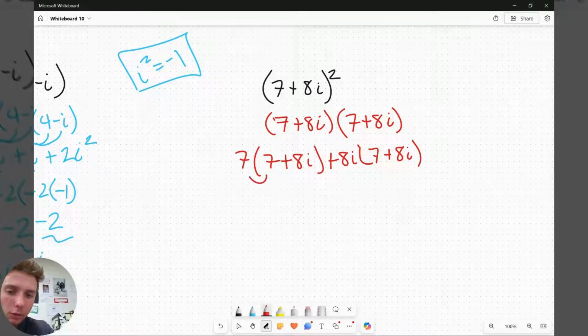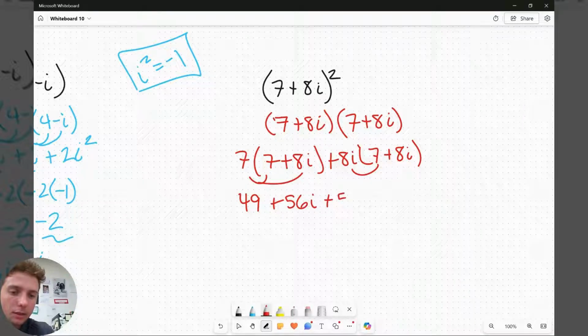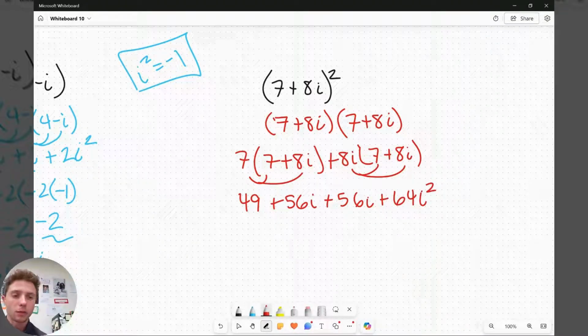Now we go through our distribution. 7 times 7, 7 times 8i, 8i times 7, 8i times 8i, that'd be 64. Remember, something times itself, add your exponents, you get i squared.